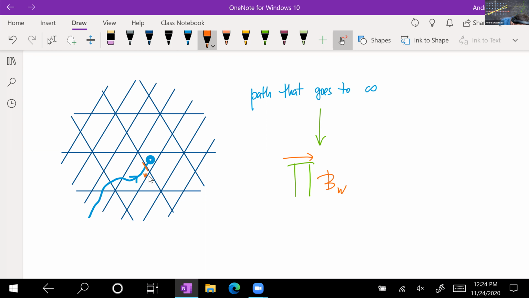Maybe this is wall 1, wall 2, wall 3, and so forth. So you take BW1, BW2, BW3, and so on. Then this object satisfies a Q difference equation. This is just a formal consequence of the rules I wrote down, and it doesn't matter which path I choose.